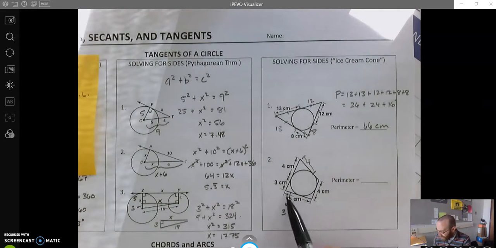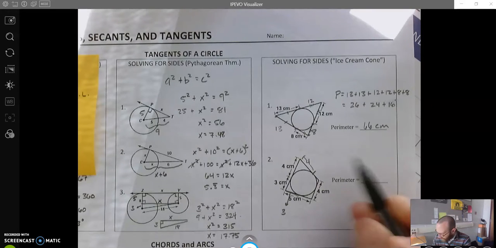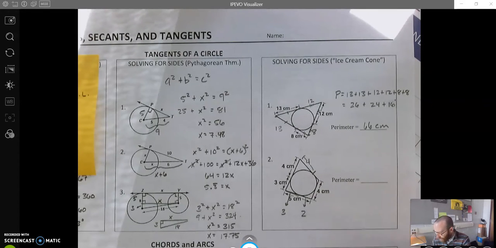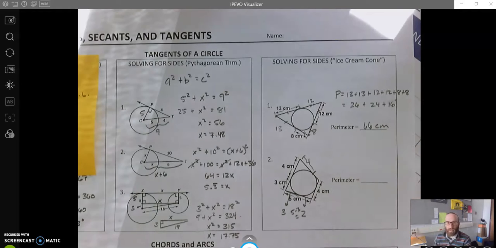And so while I know that this whole side is 5, I know that this part of it from here to here is 3, leaving me with 2 left over on that side. I did 5 minus 3 to get the 2. I knew that the whole side was 5, but I knew that from here to here was 3 because of this, so I had 2 left over.